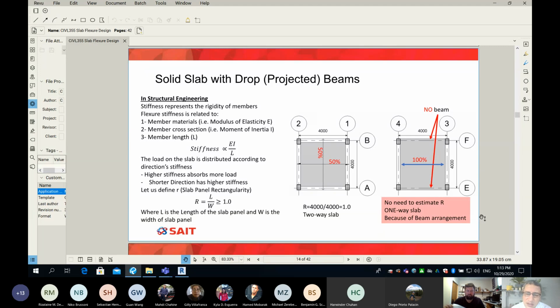And we said it's a function of three things: the material, the cross section, and the length of the member. Talking about the slab, the material is the same, the cross section is the same, and finally the length of the member will be different.